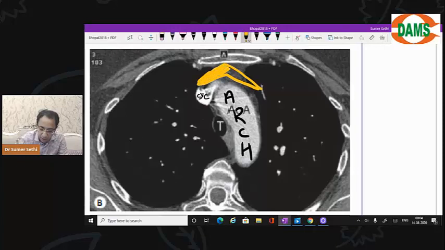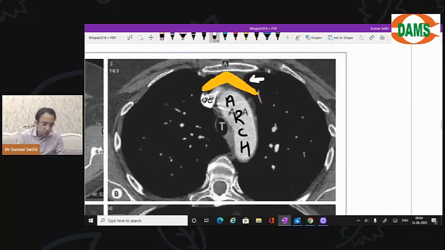In a child, anteriorly here there is a triangular gland. Can you think of it and tell me which one? Can you name a triangular gland which is between the sternum and the arch of aorta? Okay, what is its name? Its name is thymus. This is where thymus should be. This is the location of thymus.